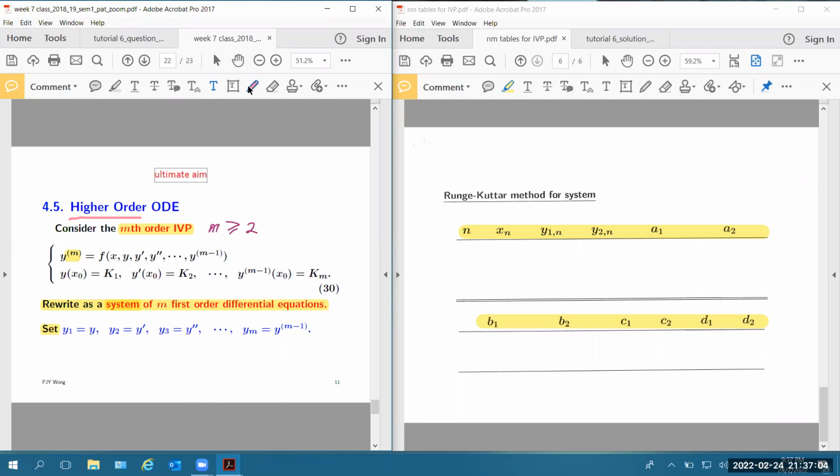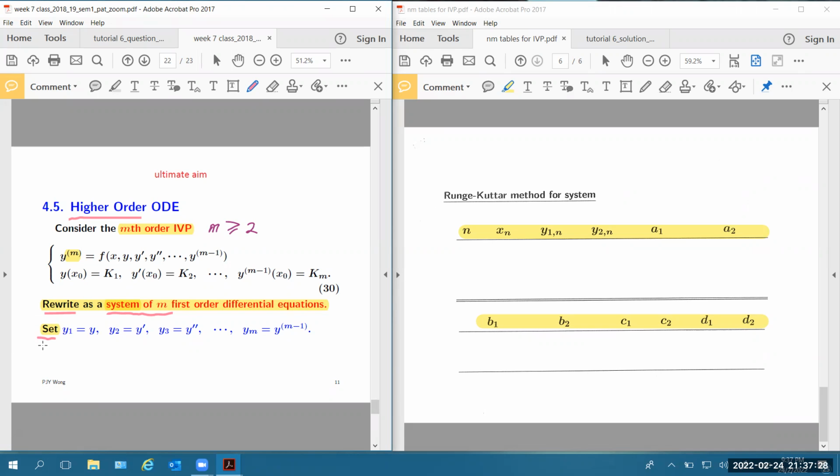Then after you rewrite it into a system, you can apply your methods for solving systems to solve it. Is it okay? Yeah, so this is how we do it. Then now we come to the question of how to rewrite. This is the standard method.